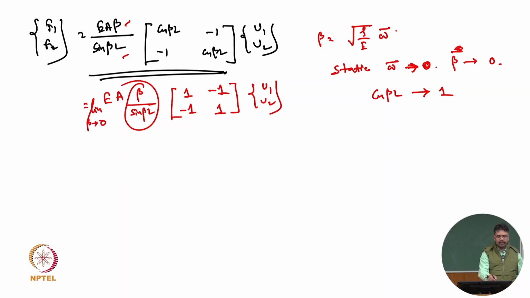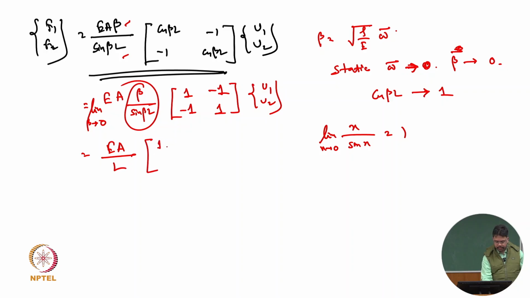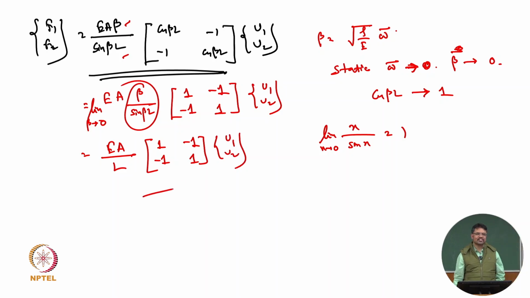So if I put that limit, what will happen? Limit x tends to 0, x divided by sin x. How much is that? 1. So we can say EA divided by L. Look, this is the static stiffness.